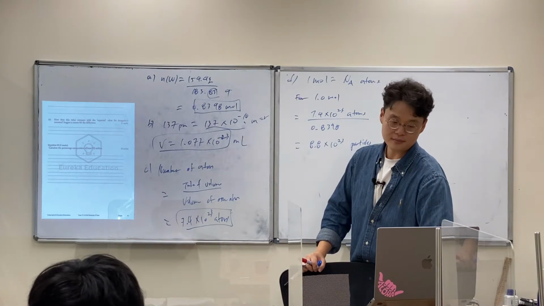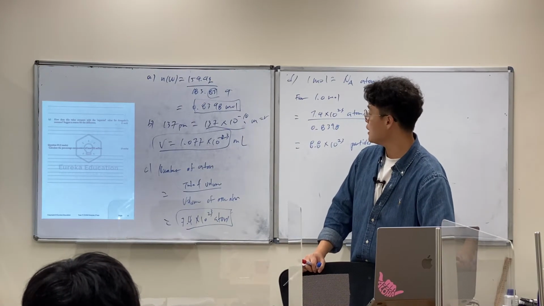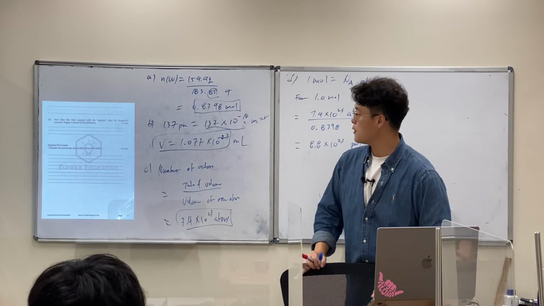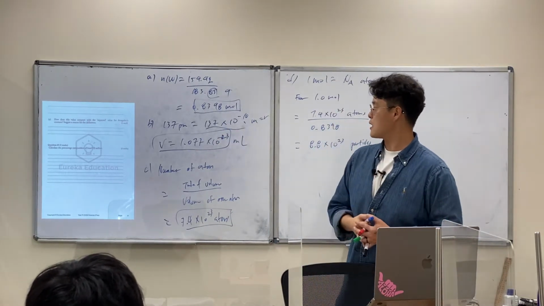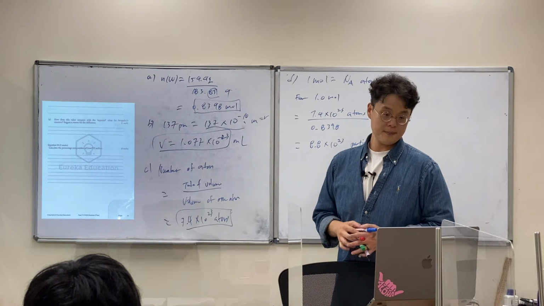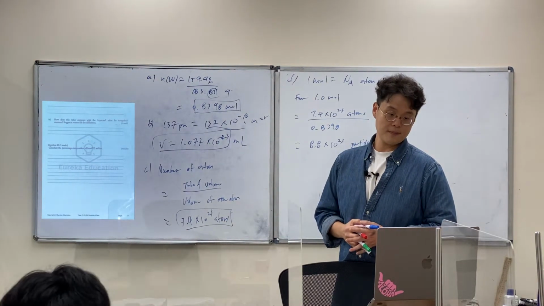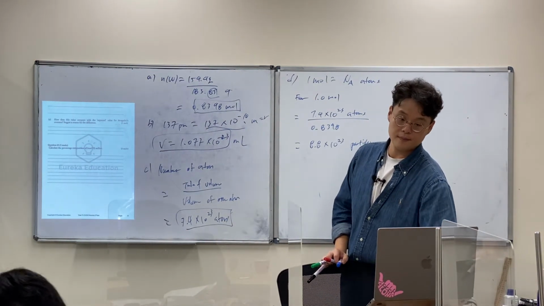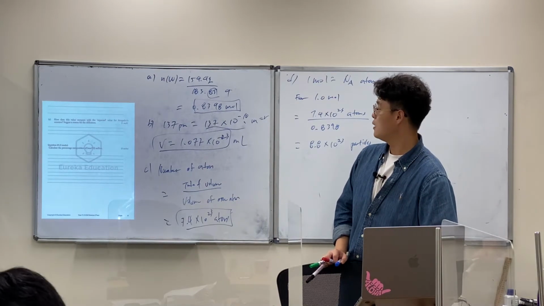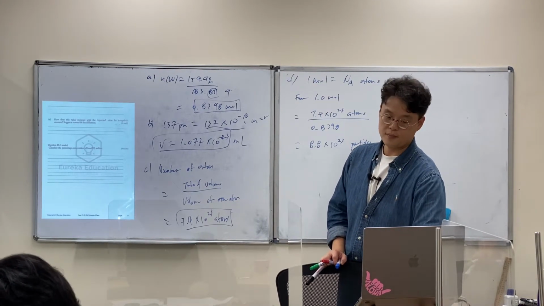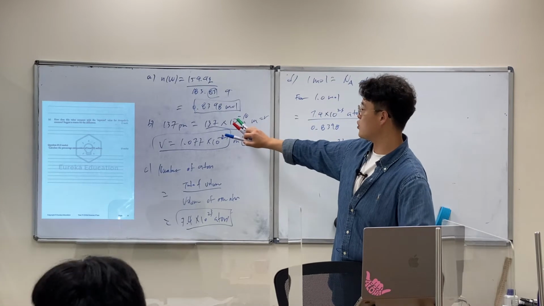Can you write B again? I can't see it. Did you convert the picometer, the 137 times 10 to the power minus 10? Probably not. Then what do you need to do after you convert that?